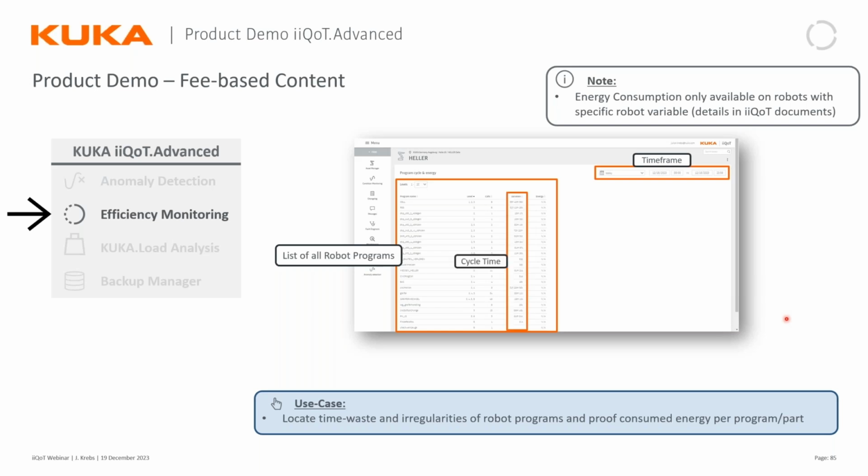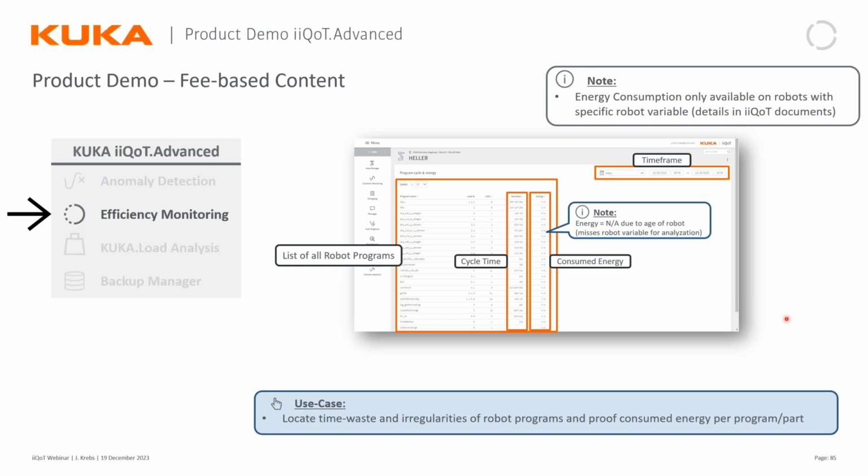Plus, it will show me the last duration time or last cycle time, and the consumed energy. The reason it says NA here is that this robot, which I have to use for my presentation, is an older model and it misses one specific robot variable for energy consumption.